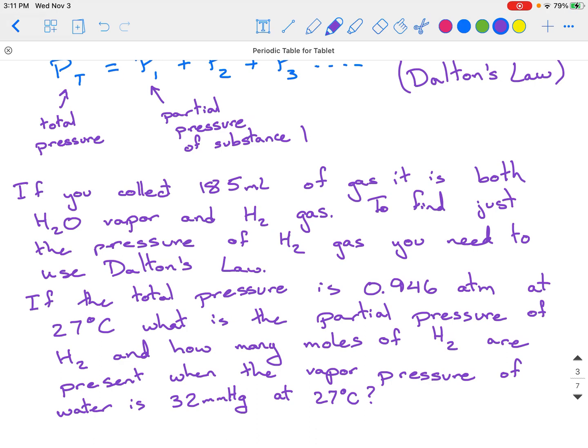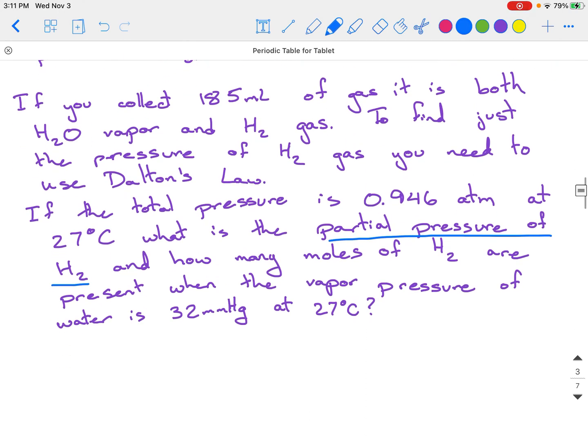Okay. So this is kind of an example of something you might look at. The first thing that's asked is trying to find the partial pressure of H2. So using Dalton's law, P total is going to be equal to the partial pressure of H2 plus the partial pressure of H2O, because we know that both of those are present in the tube.